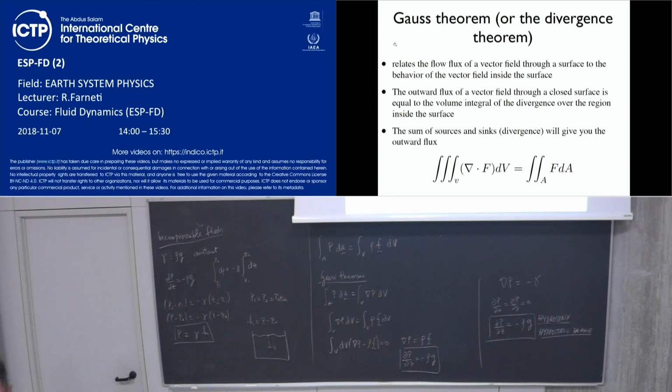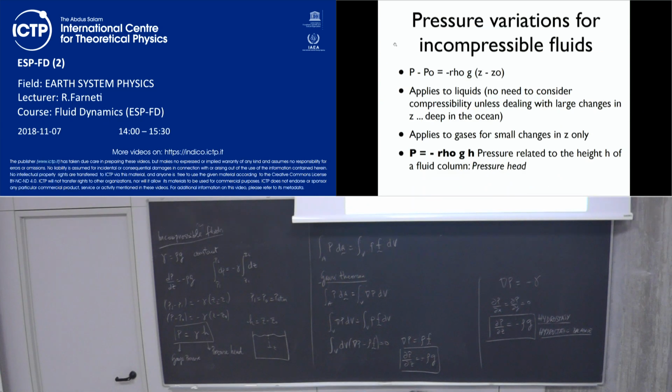So the pressure is just gamma H. Because of H, this is called the pressure head. And P is my gauge pressure, which is what you normally measure, with reference to a reference level, which is the atmospheric pressure.